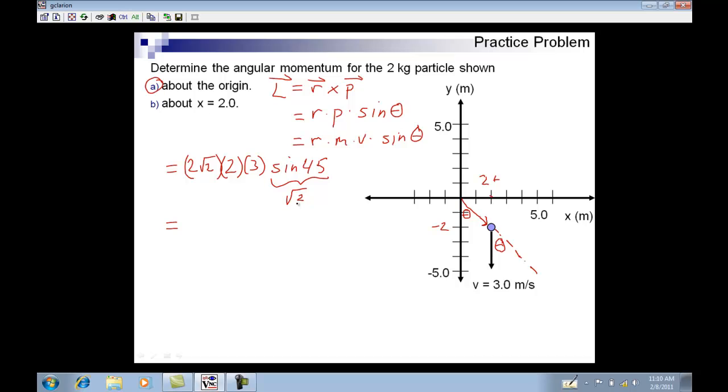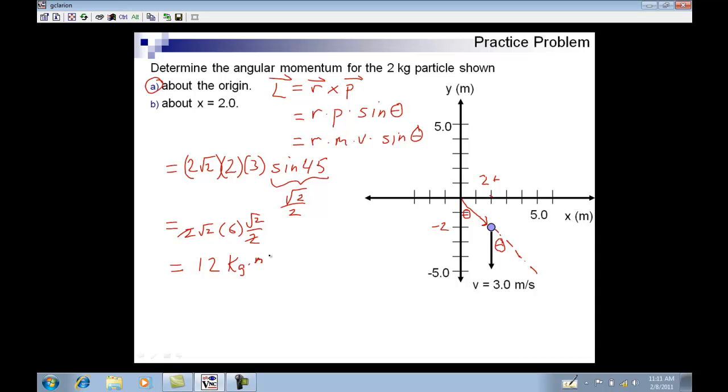It's root 2 over 2. So I get 2 root 2 times 6, times the square root of 2 over 2. This 2 cancels with that 2, and the root 2 times the root 2 becomes just 2. So 2 times 6 becomes 12. And we need to make sure we include the units of kilogram meters per second.